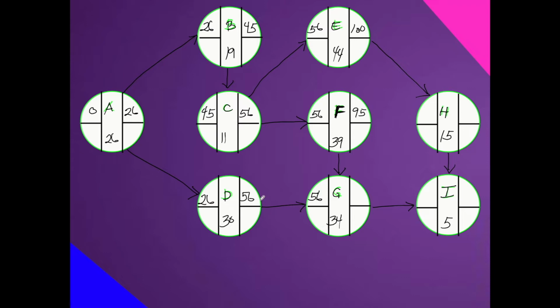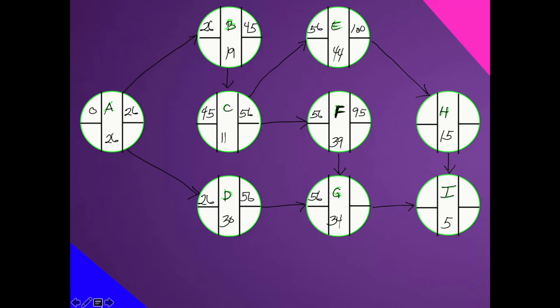Hihintayin natin matapos muna si F, kasi predecessor siya ni G, same with D. Yun nga lang, natapos na si D nung on the 56th day. Naka-day tayo. Eto, 95th day pa siya matatapos. Therefore, for the earliest start ng ating G, this will be 95.